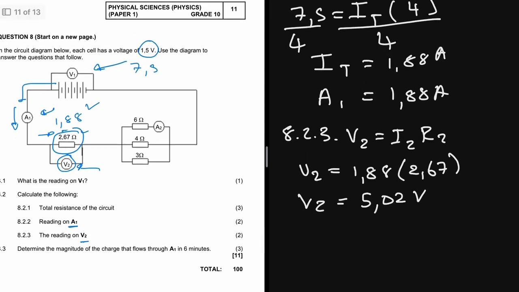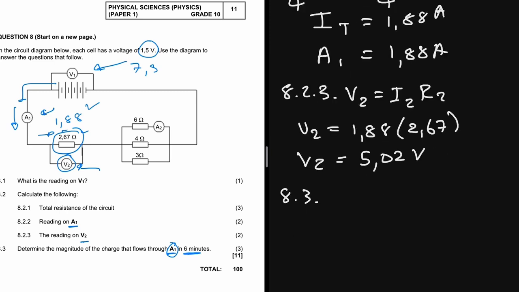So now the last question of this whole paper, they say we must determine the magnitude of the charge that flows through ammeter 1 in 6 minutes. So if we want to calculate the charge and we have the current, we can use the equation for the charge. We know that current by definition is the rate of flow of charge.